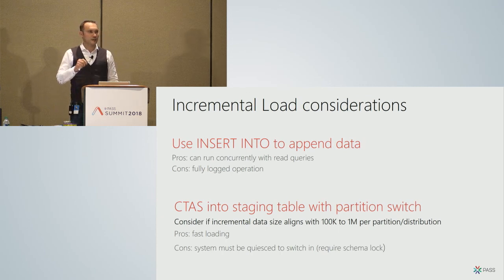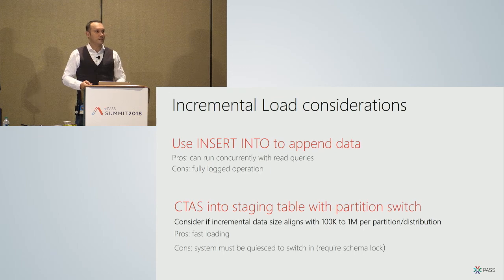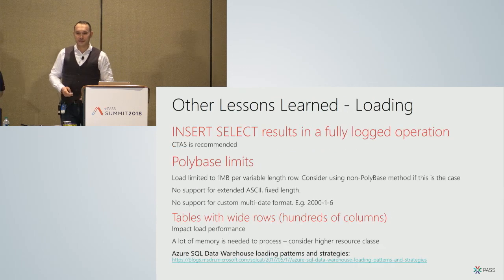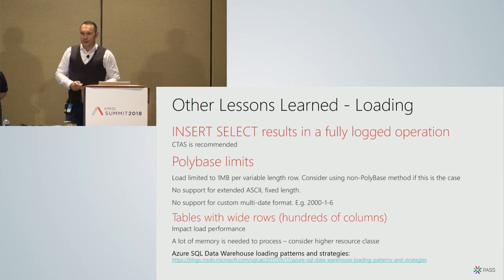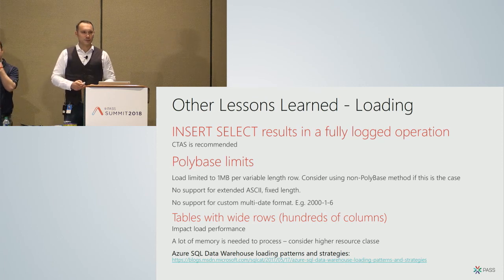A switch operation requires an entire table metadata lock, right? And if there are heavy queries running on the table, you may wait forever. So it has pros and cons. It's minimally logged, but the schema lock release may take time to wait for. So maybe, like I already mentioned, insert select is good, but prefer CTAS if possible.